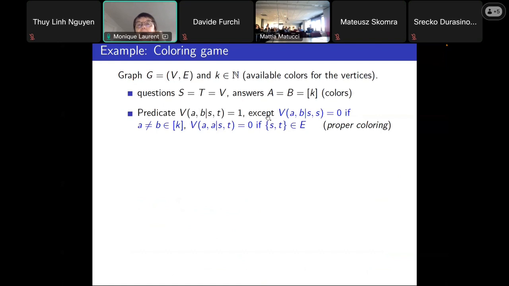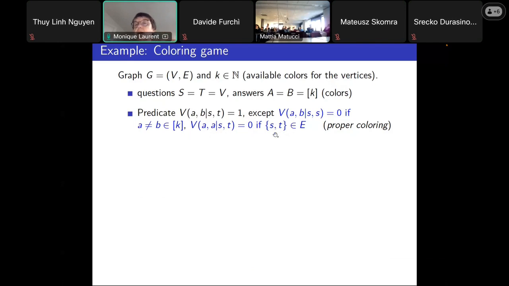And the predicate would be that the value is 0 if A and B are different when the two questions are the same vertex, so this is saying that 2 distinct colors cannot be assigned to a single vertex. That's logical. And the second one is saying that if two vertices form an edge, then they cannot get the same color.